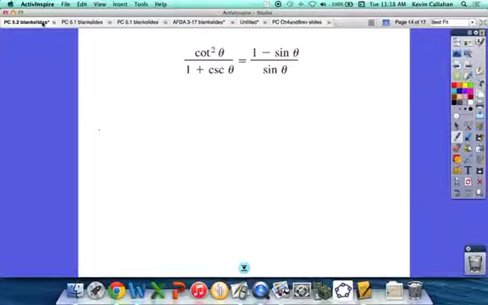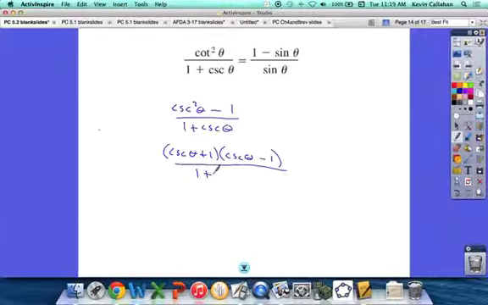So I would do that. Substitute cosecant squared theta minus 1 over 1 plus cosecant theta. And this is cosecant theta plus 1 times cosecant theta minus 1 over 1 plus cosecant theta.